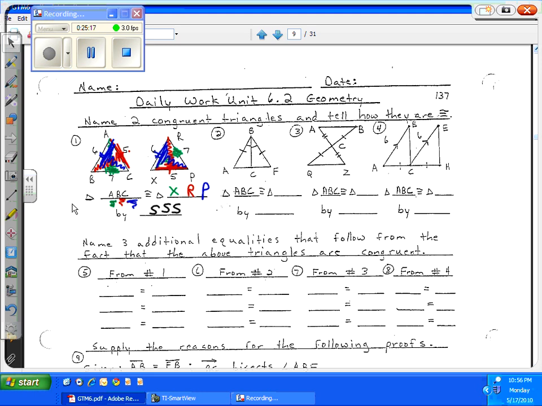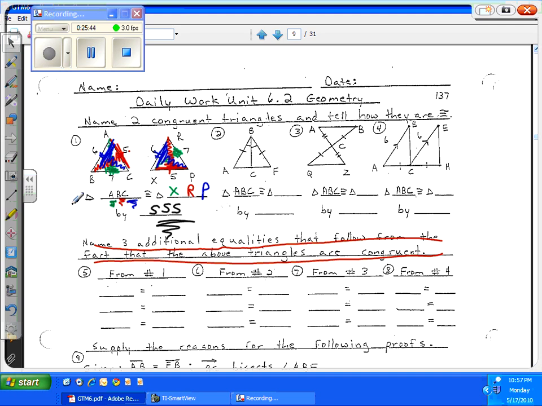Now, here's what this is doing down here. It says name 3 additional equalities that follow from the fact that you figured out they were congruent. We just proved that these were congruent by side, side, side. If we know they're congruent by side, side, side, then since we now know they're congruent, we can say the angles are equal, right?